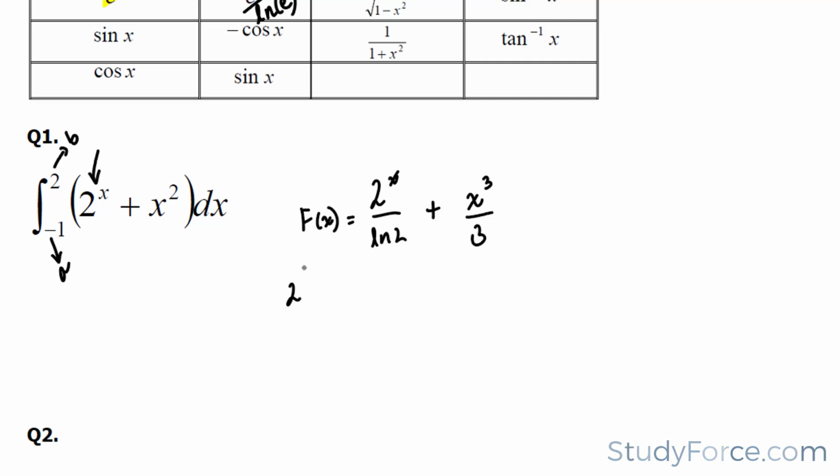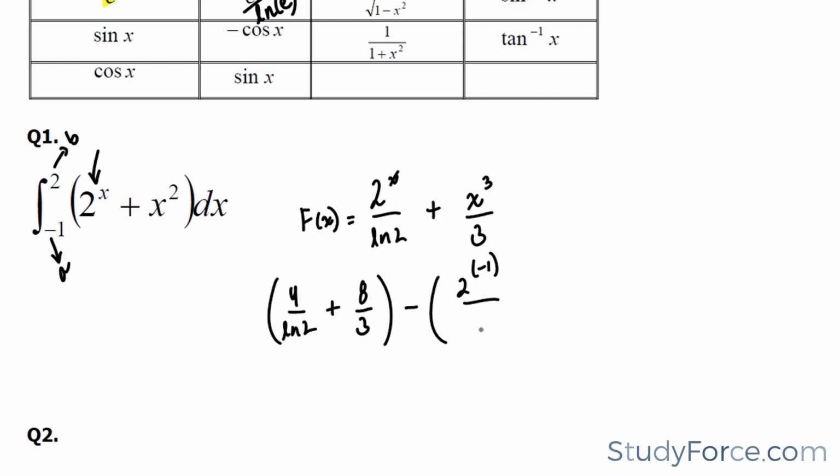2 to the power of 2 over ln 2 plus 2 to the power of 3 is equal to 8. And we can also replace this with a 4 over 3, minus, we're going to use -1, 2 to the power of -1 over ln 2 plus -1 to the power of 3 over 3.